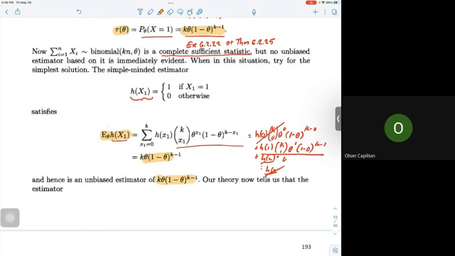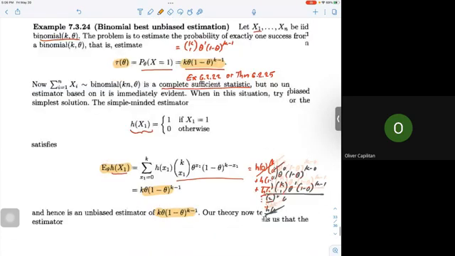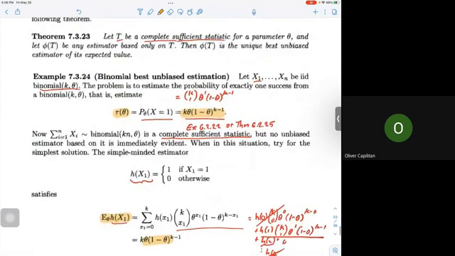So our theory now tells us, according to our theory, no? Sabi dito sa ating theory. Theorem pala. Theorem. T, alam natin na summation of xi is a complete sufficient statistic.